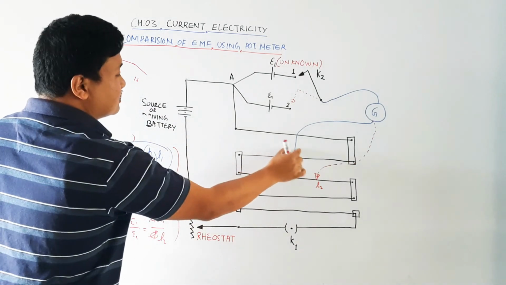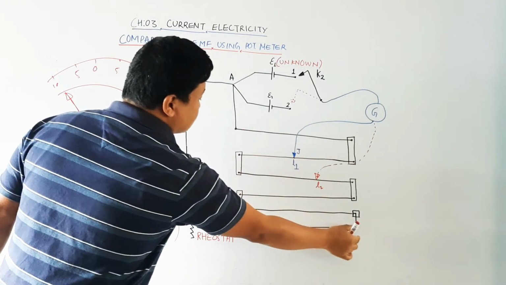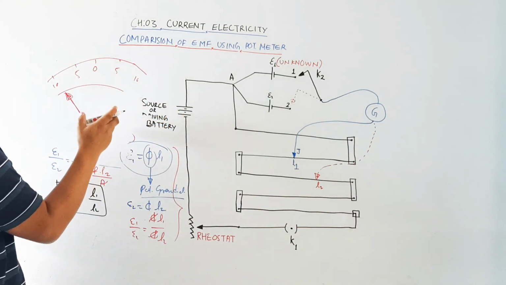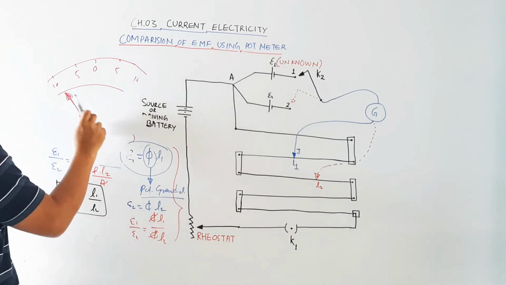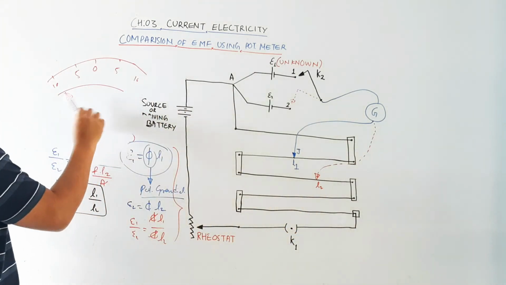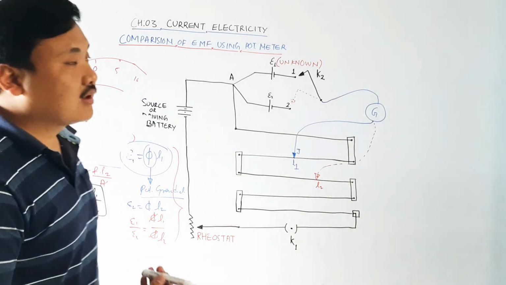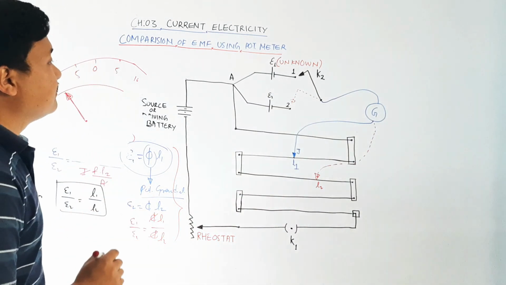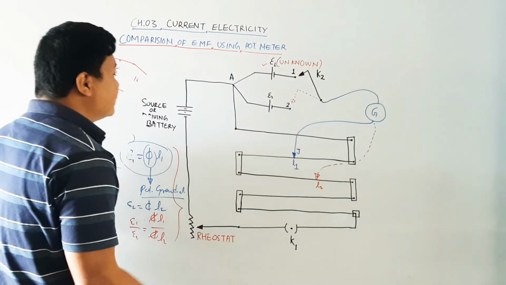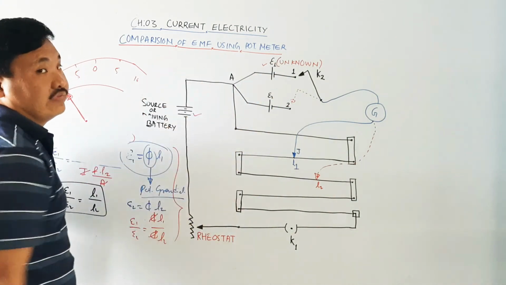Whether you place the jockey here or here, it will always show on one side. Whenever you slide the jockey over the wire, it will not change its position. Why? It is because the EMF of this cell is larger than the EMF of the driving cell.